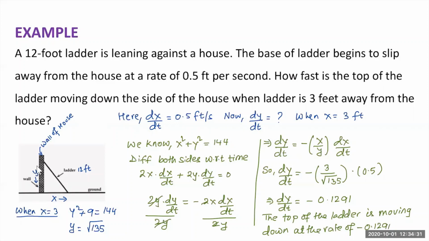The y value, this distance, is measured in feet, because we have dy, that is the unit of that, per time, and the unit of time is second. So the top of the ladder is moving down at the rate of negative 0.1291 feet per second.